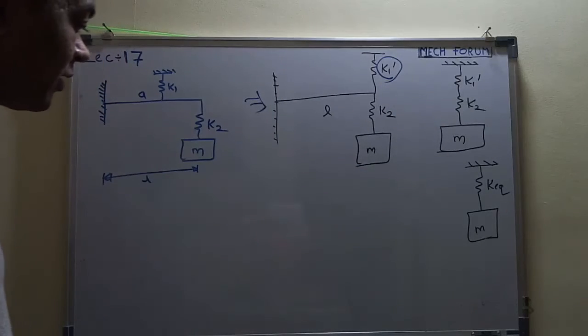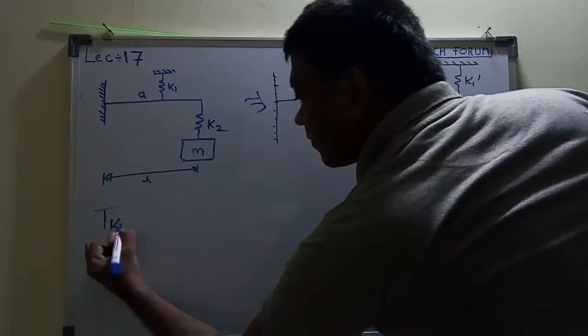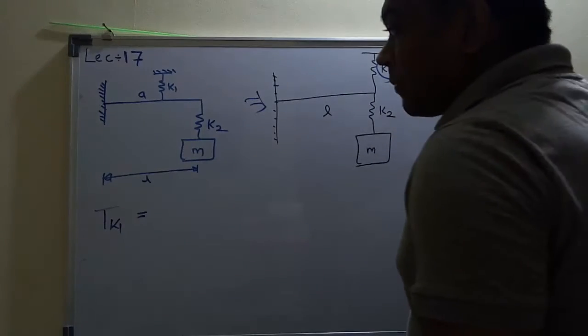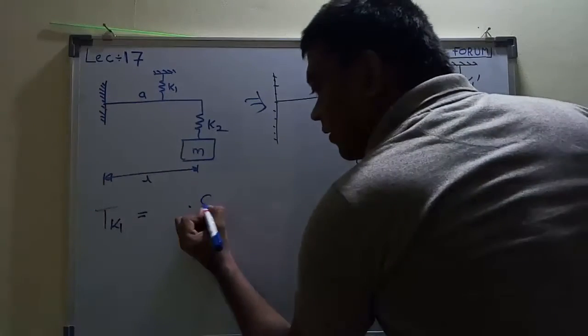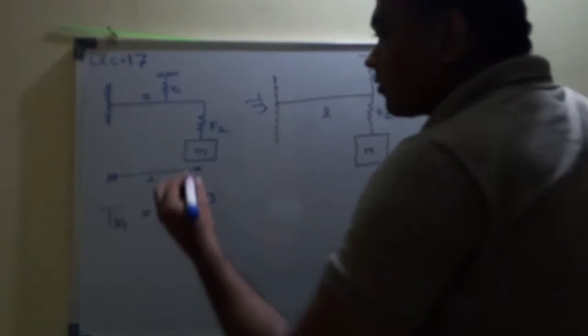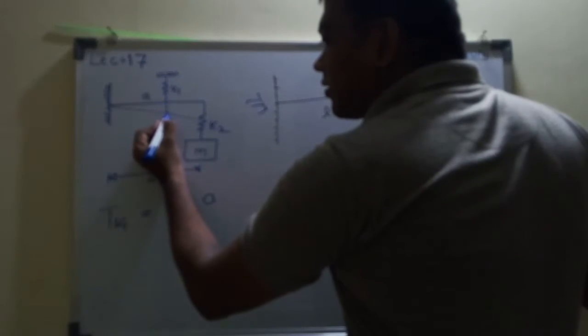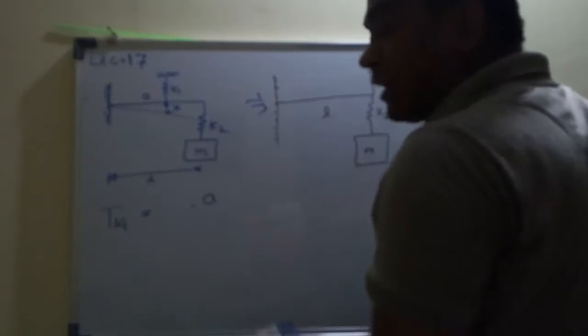Now we will equate what? Torque. Now torque of K1, what is torque of K1? Force into perpendicular distance. What is the perpendicular distance here? It is A. What will be the force? Spring force. So this will be deflected like this, and this is the deflection X when you pull this spring K2.